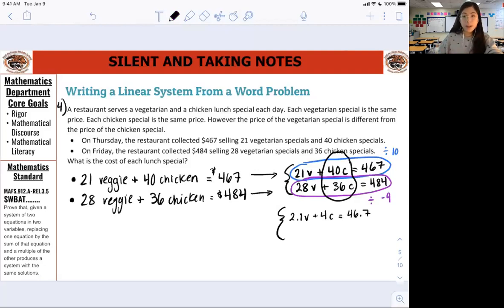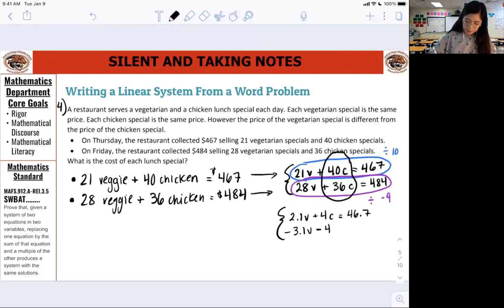Remember, you can use your calculators. I'm not limiting you at all. Use your calculators. What's the bottom one going to be? Divided by negative 9. Negative 3.1V.